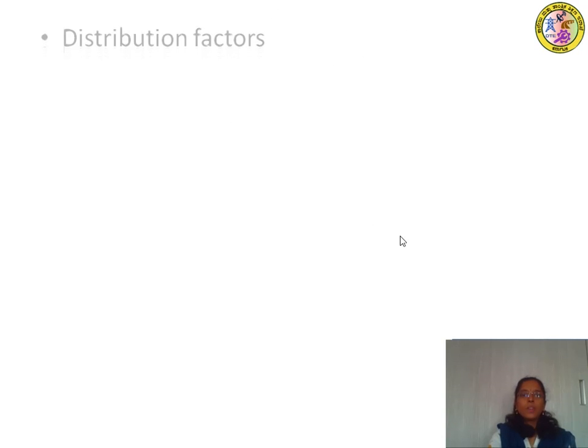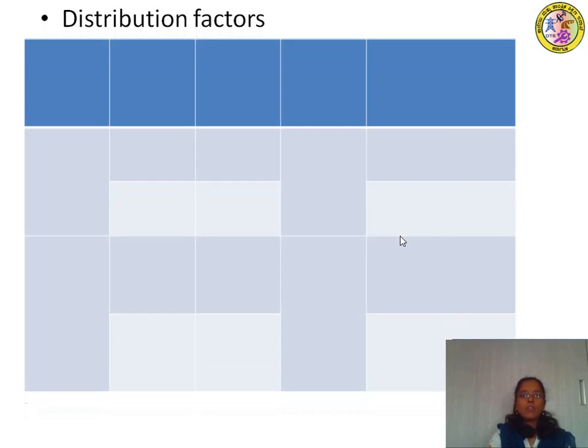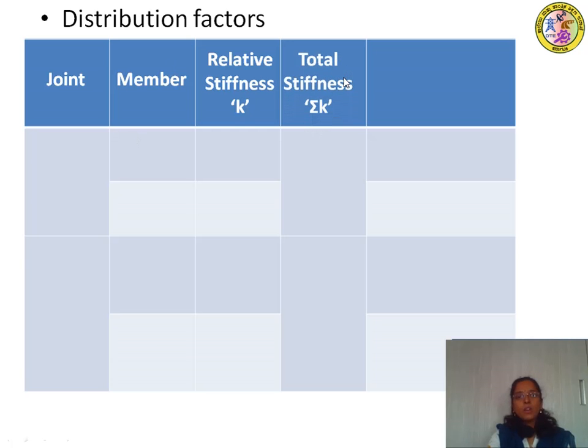Now let us go for the calculation of distribution factors. The columns are joint, member, relative stiffness, total stiffness and distribution factor, which is the ratio of the relative stiffness of the member to the total stiffness of the joint.